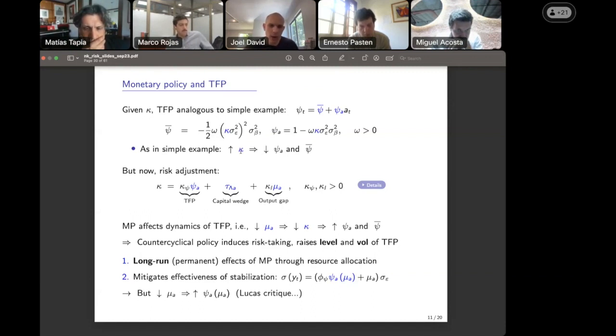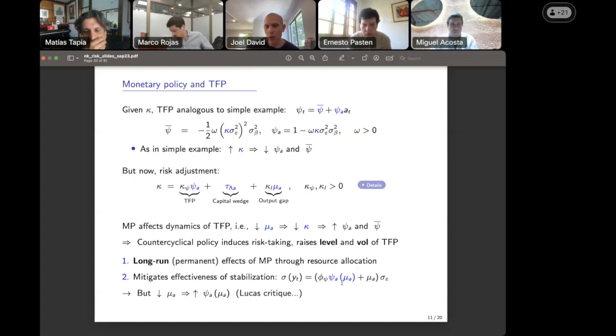The second effect I want to point out briefly is that these reallocation opportunities mitigate the effectiveness of stabilization policy. So what I'm showing you here is an expression for the standard deviation of output. It depends on the standard deviation of TFP, if you want to think about that as like the natural rate of output, and it depends on the output gap parameter, mu A. Okay, so in a typical model, TFP is exogenous.